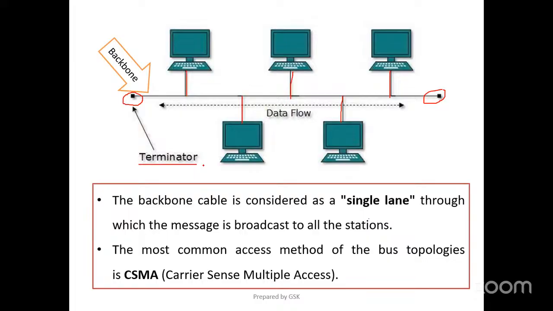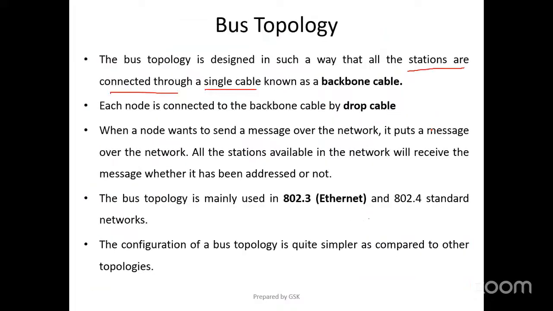Next, the data flow direction here is bidirectional. You can observe that the data can be transmitted from left to right and right to left. When a node wants to send a message over the network, it puts that message on the network.